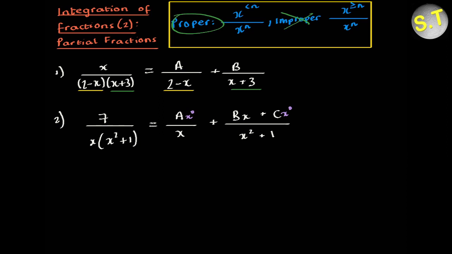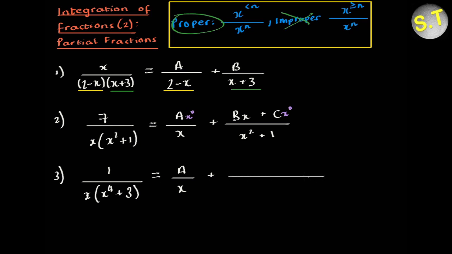And the same is true of all degrees of the numerator as well. So if we had a third example of 1 over x times (x to the 4th power plus 3), partial fractions would reduce this again into a over x, which is the first part, plus, and now since we have x to the 4th power in the bottom, we need to account for the cubic term, the squared term, x to the 1st power, and x to the 0th power.